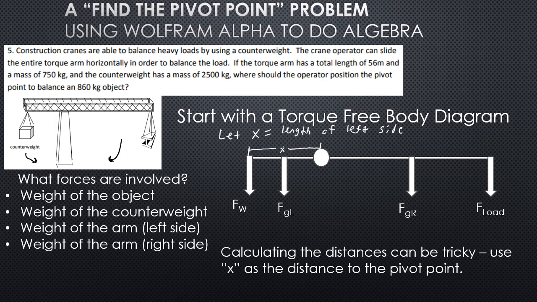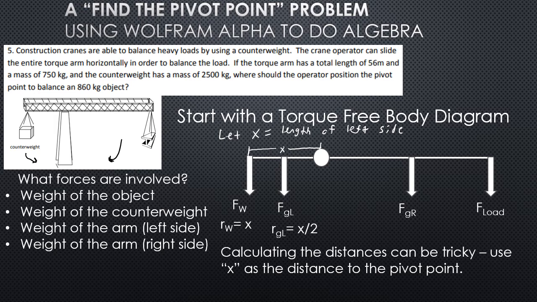So then, what's on the other side here? Sorry, before we get to the other side, if the arm is x meters long, then the weight, again assuming symmetry, is going to be centered halfway to that, which would be half of x, or x divided by 2. So the distance for our gravity force on the left side is x divided by 2.